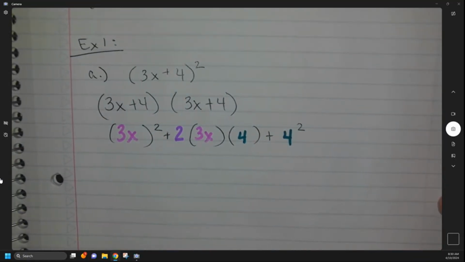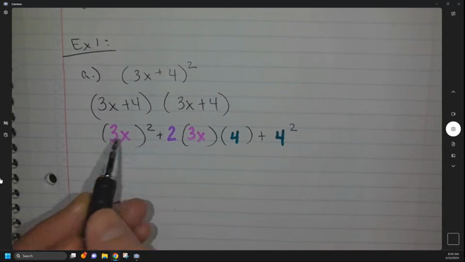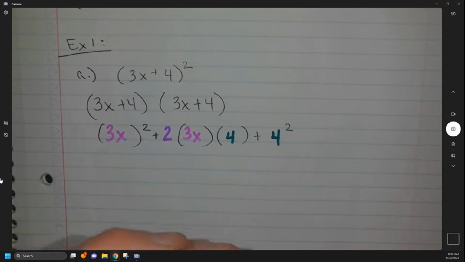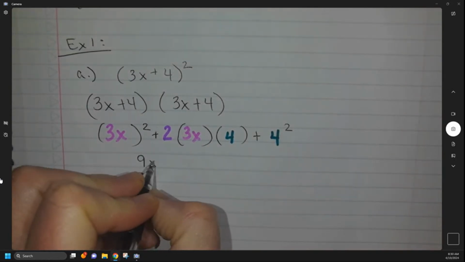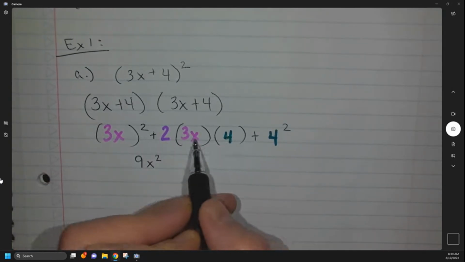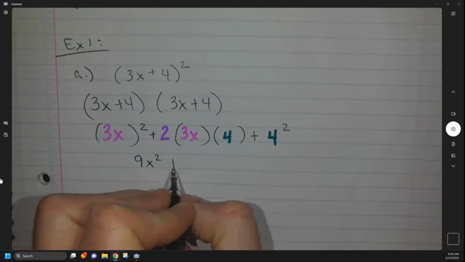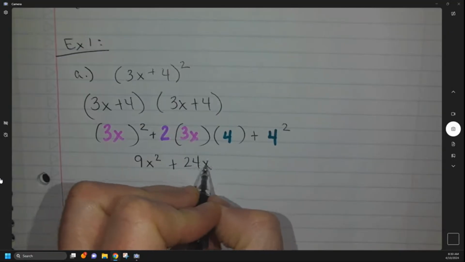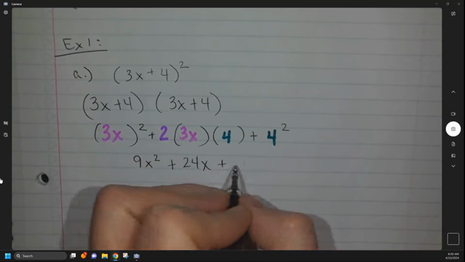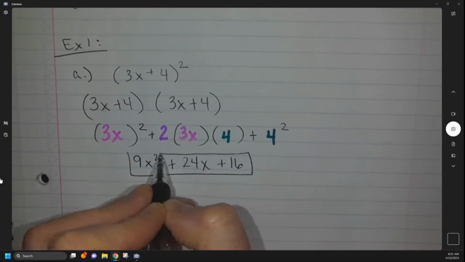So if we want to simplify this, 3x squared, well, 3 times 3 gives us 9x squared. And then 3 times 4 is 12x. 12x times 2 gives us 24x. Plus 4 times 4 is 16. So that would be our simplified version.